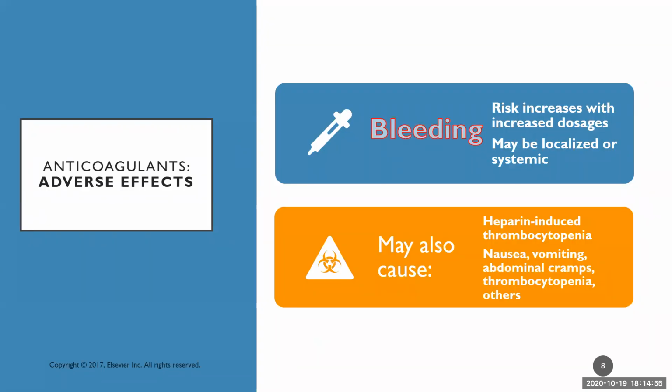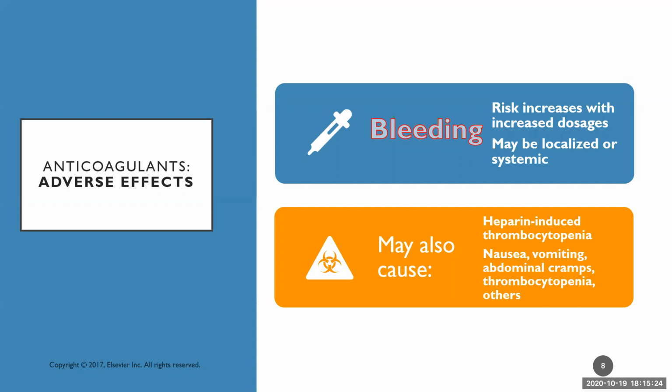The adverse effect, the biggest one, the only one you really need to know with anticoagulants, is bleeding. And the higher we go on the dosages, the higher the risk for bleeding. Now, bleeding you may not think is that big of a deal as long as it's not from an artery, but I'm not talking about localized bleeding. With localized bleeding, we can put pressure on it and we see it; the patient feels blood running down and realizes something's going on.